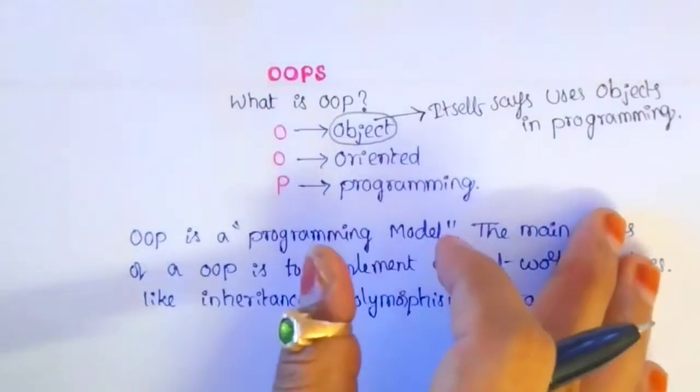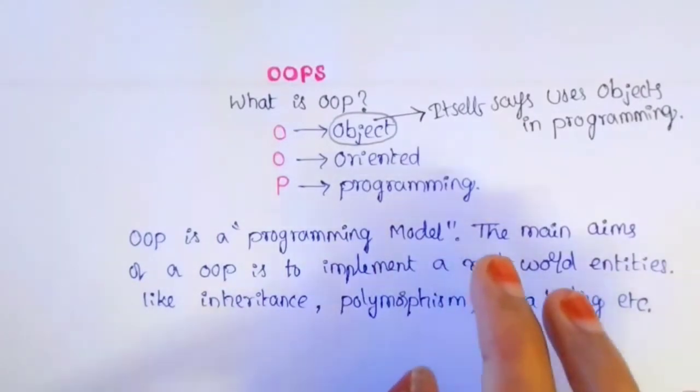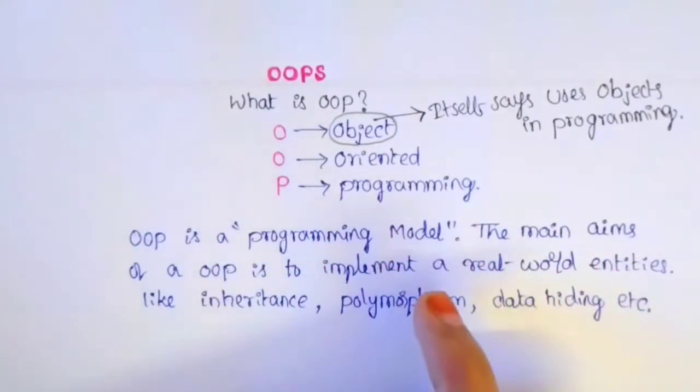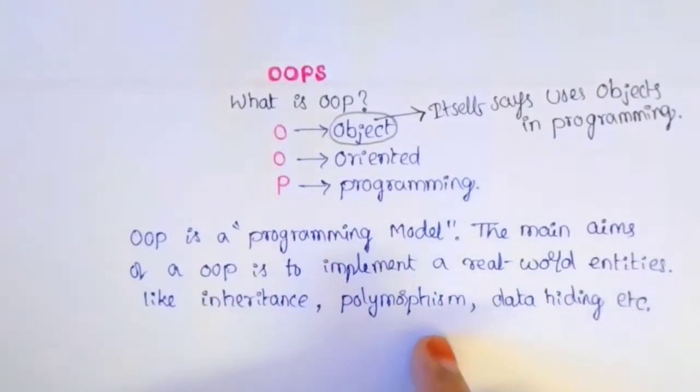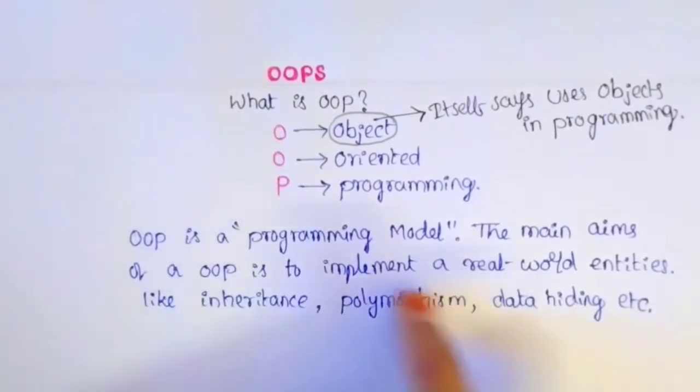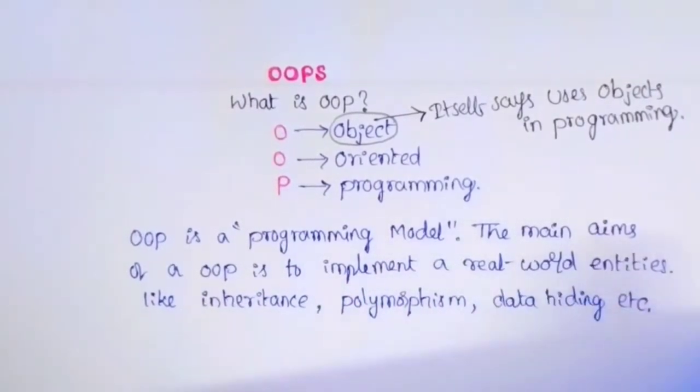What is OOP? OOP is a programming model. The main aim of OOP is to implement real-world entities like inheritance, polymorphism, data hiding, etc.